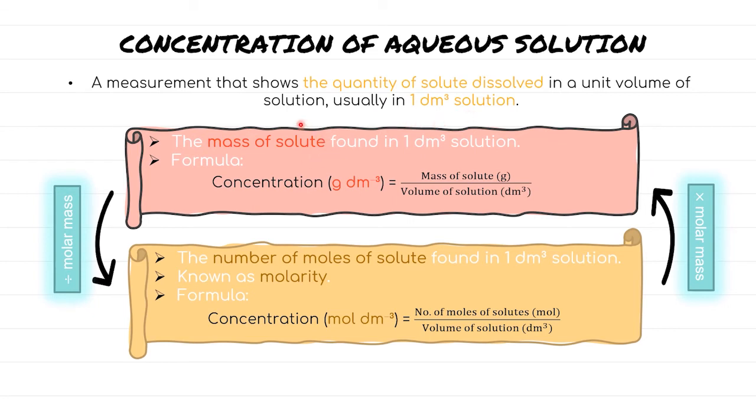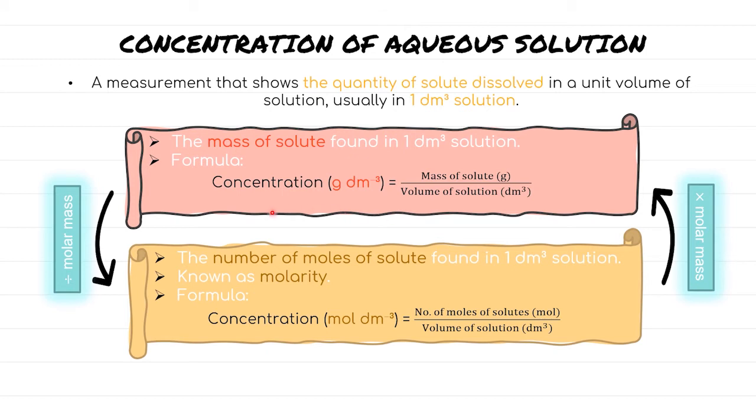If you want to calculate the mass of solute found in 1 decimeter cubed of solution, we can use the formula: concentration equals mass of solute in gram divided by volume of solution in decimeter cubed. The unit will be gram per decimeter cubed.